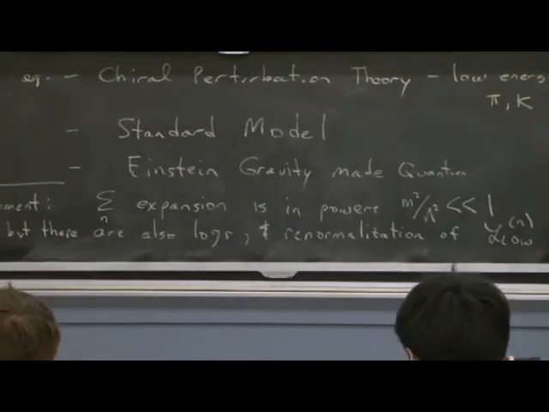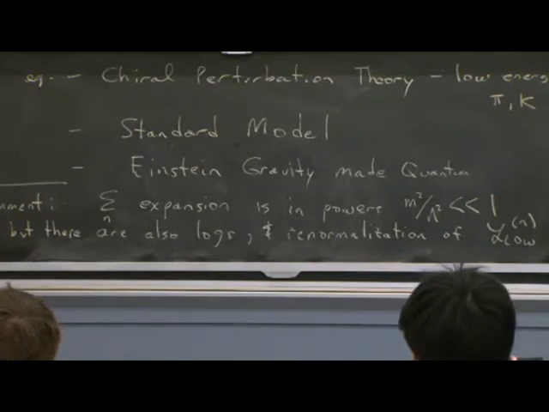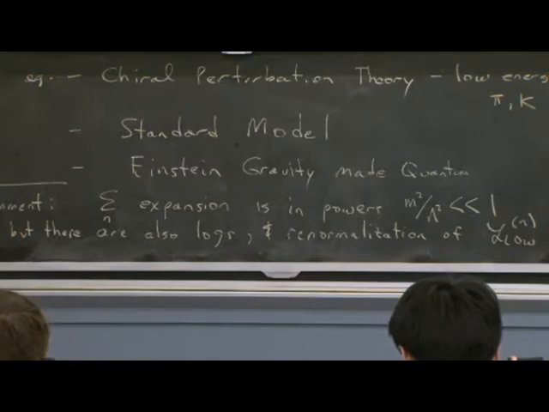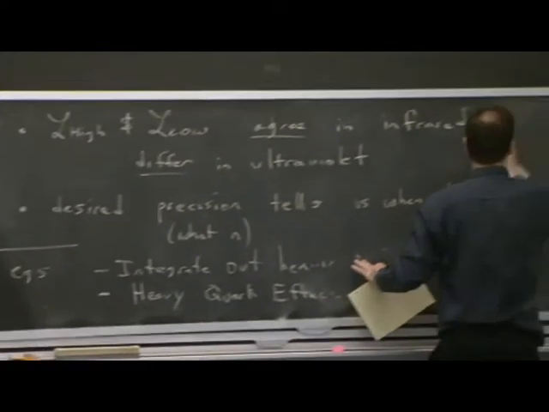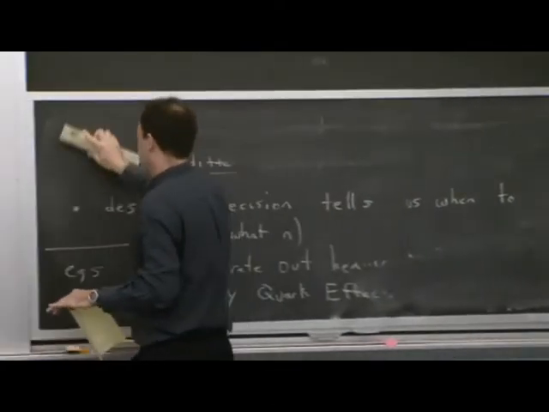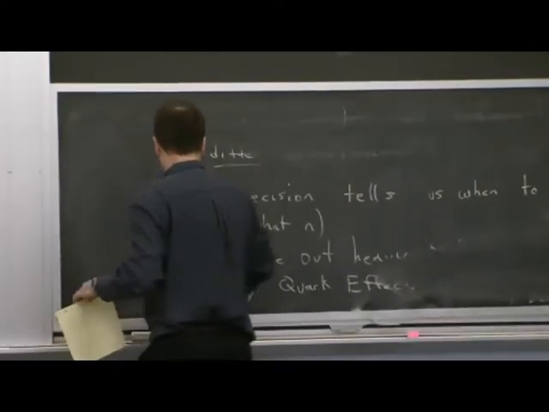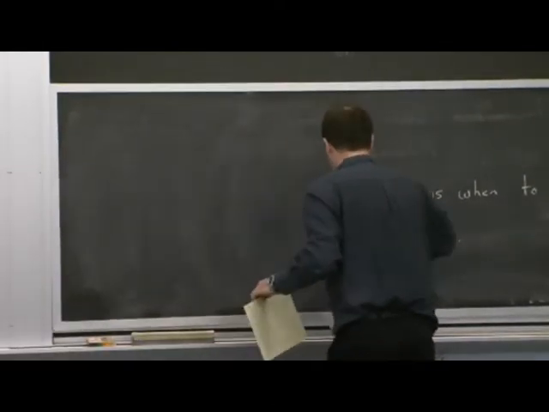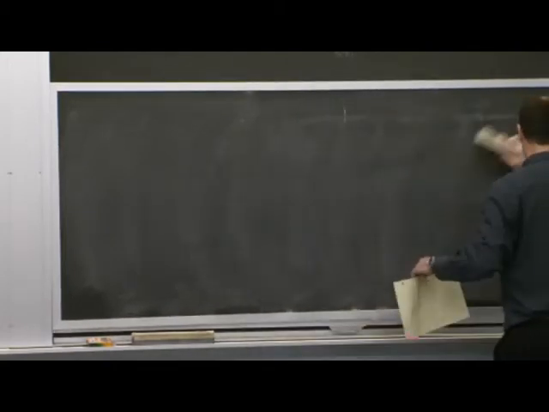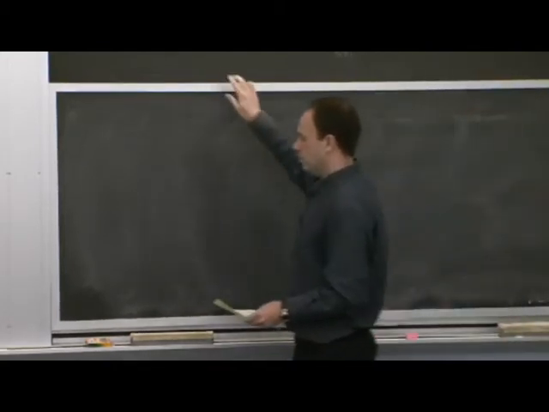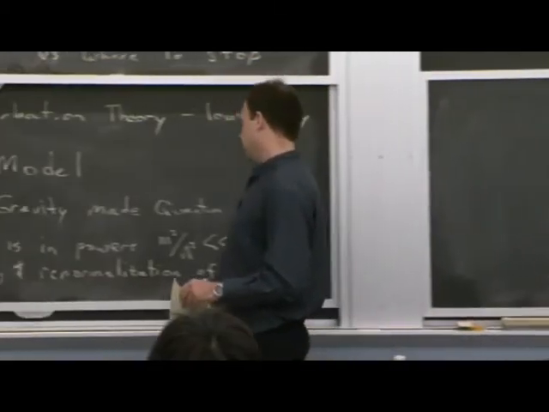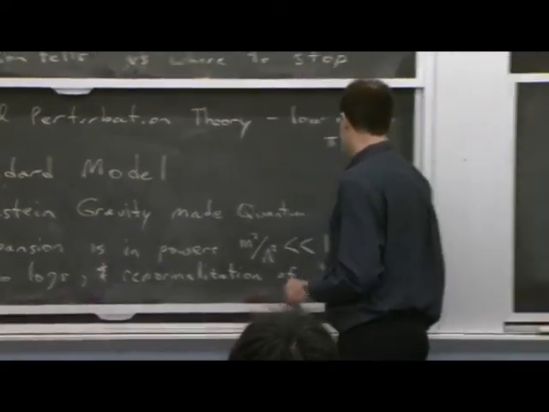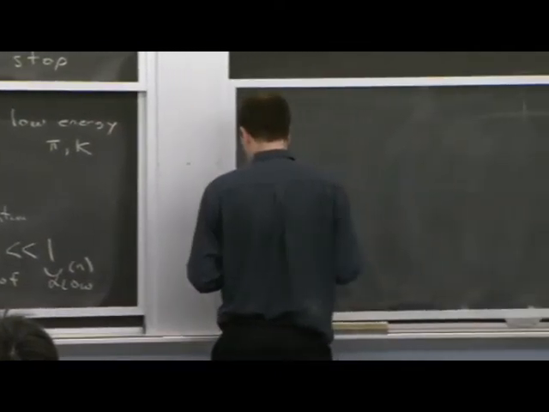Continue over here. So when you treat the renormalization of the low energy theory, as you know from quantum field theory, you have different types of divergences, power divergences, but the logarithmic divergences in particular are things that are playing an important role often in quantum field theory. And in effective field theory, it's the same thing. Logarithms can be tied to the renormalization of the low energy effective theory.